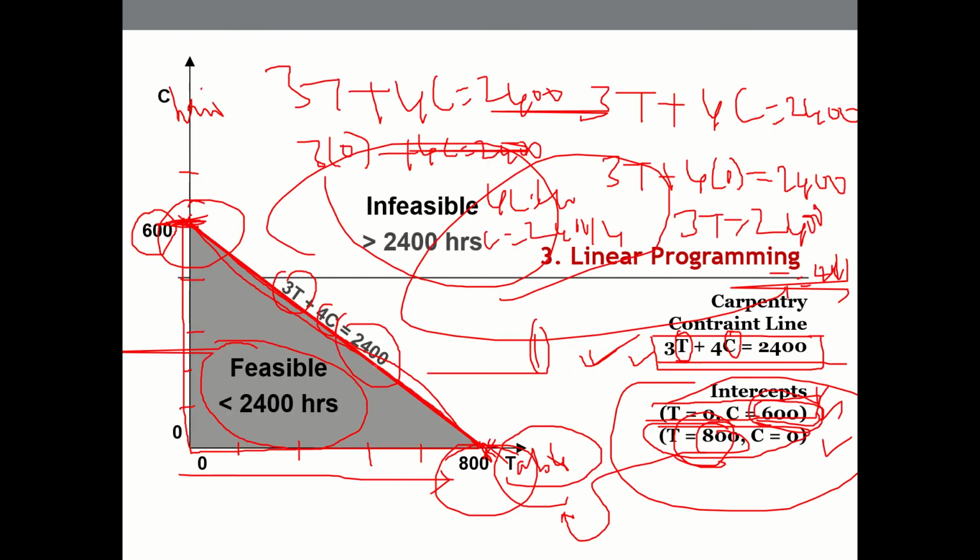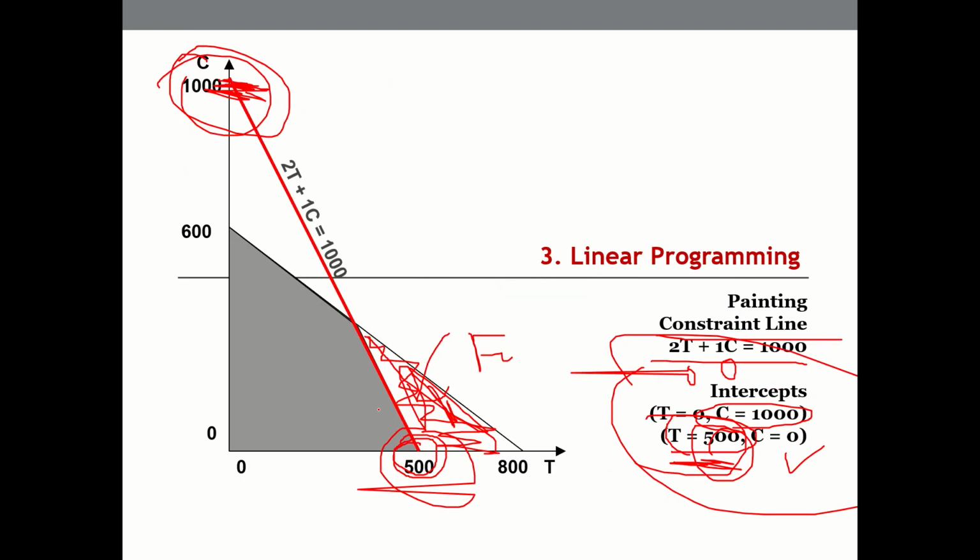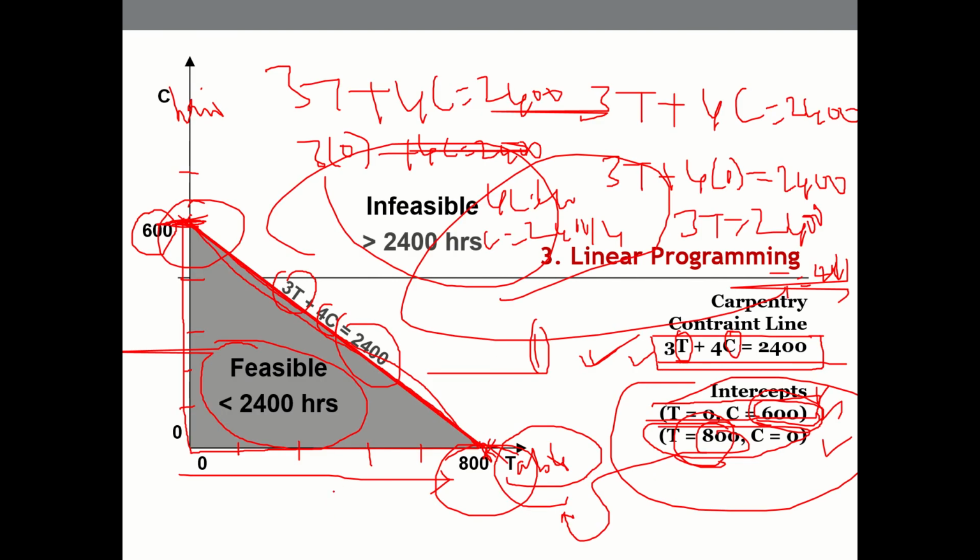In the initial case, the entire region seems to be feasible. Now just by adding the second category, where we have added the painting hours into the picture, if we see only carpentry, we can say that we can make 800 tables and 400 chairs.